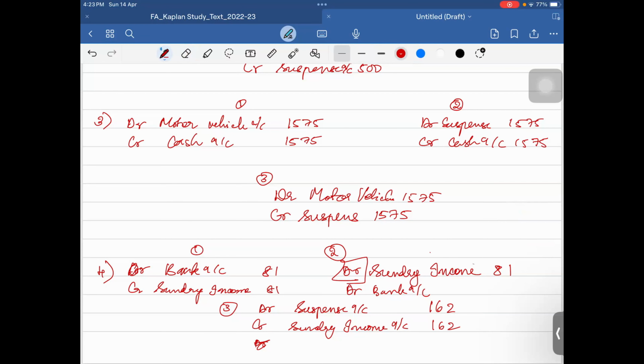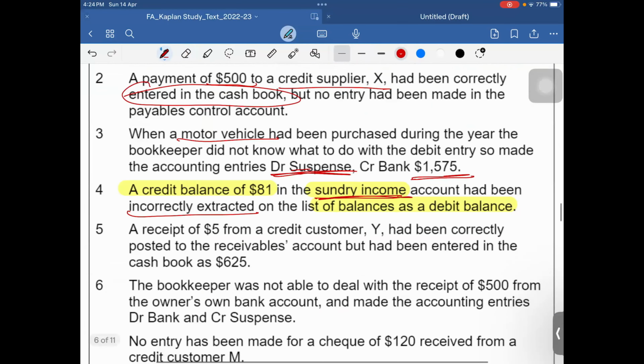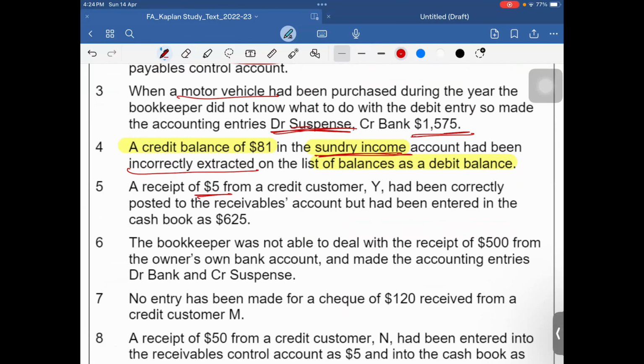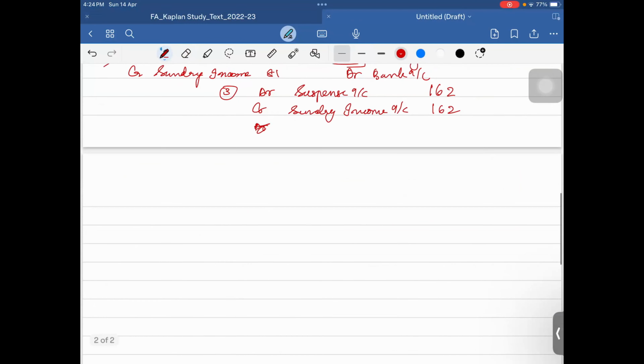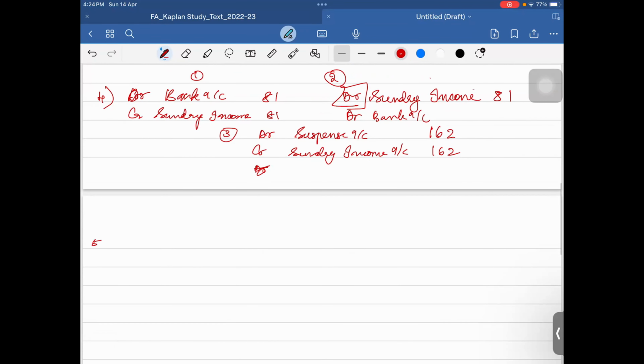Okay, now moving on. Fifth one. Listen carefully. A receipt of 5 from a credit customer, Y, had been correctly posted to receivables account, but had been entered in the cash book as 625. So this is clearly a confusing mistake, right?